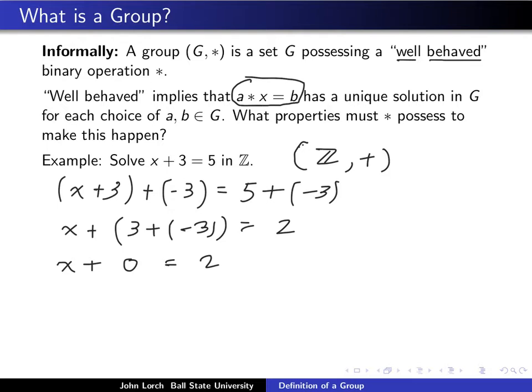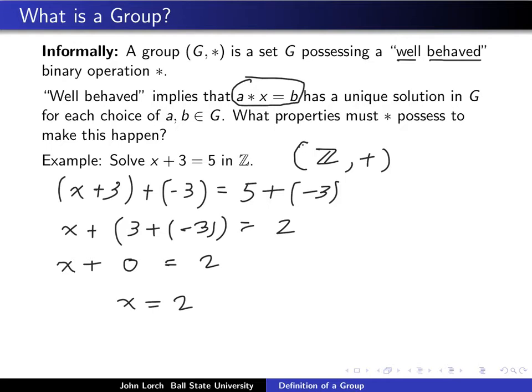And now we're almost done. The thing that we need to observe is that 0 is an identity in the integers. That is, if I take x plus 0, that's exactly the same thing as x. And so there we are at our solution, x equals 2.